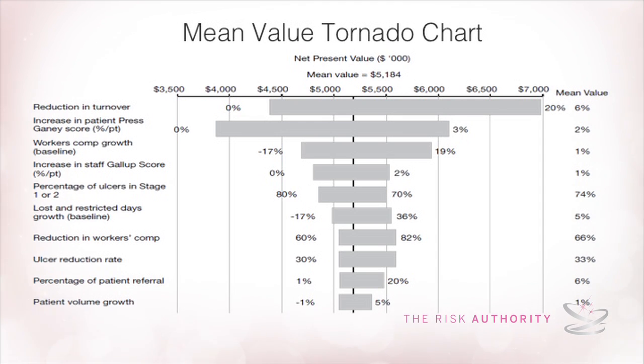So in this case, the tornado chart for the program at Stanford showed that turnover was actually the biggest potential value driver for the program, and you could actually almost double the value of the program by trying to drive the result that you get toward the higher end of the turnover reduction. And that changed the way that they thought about implementing the program.